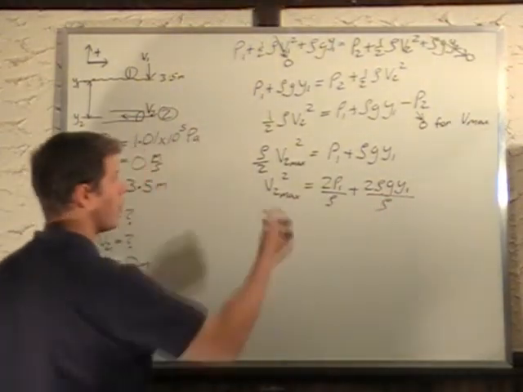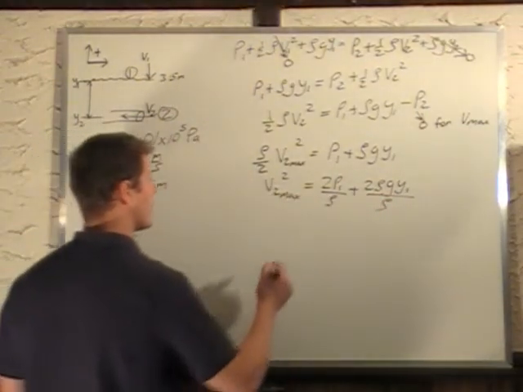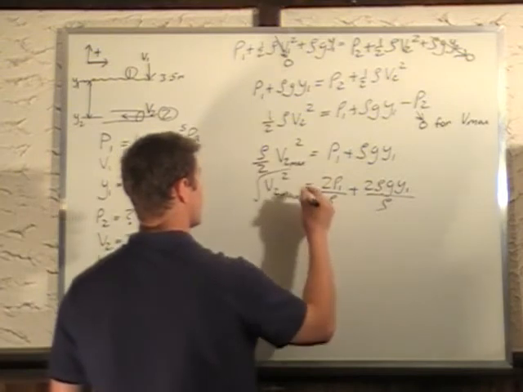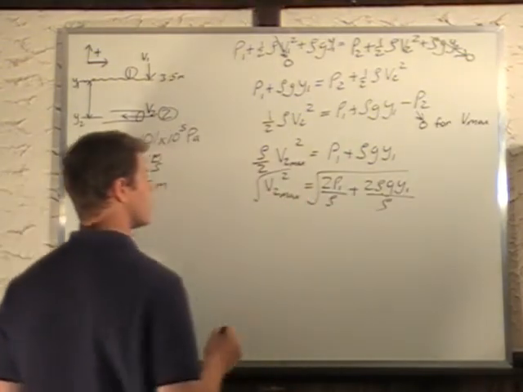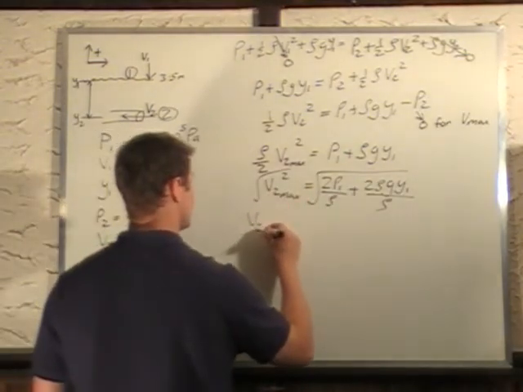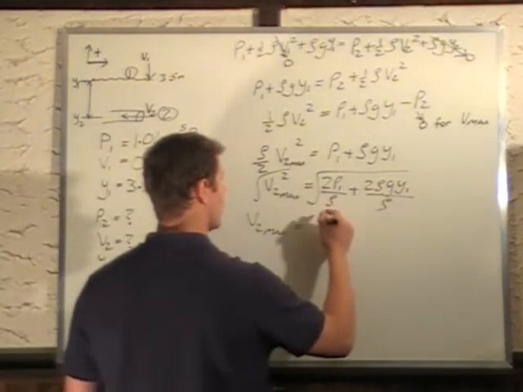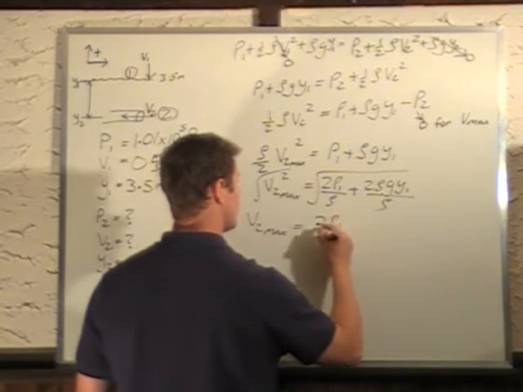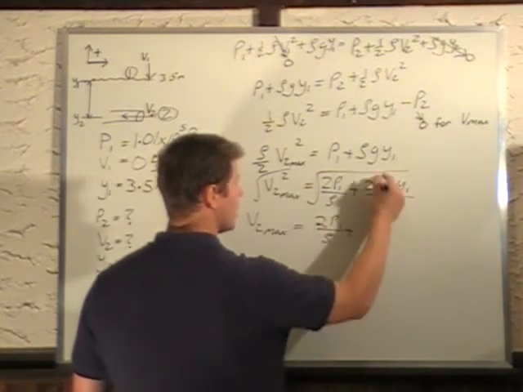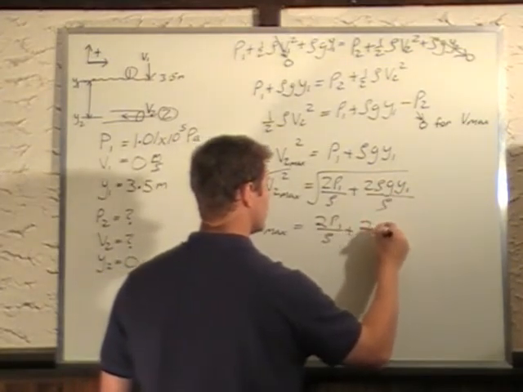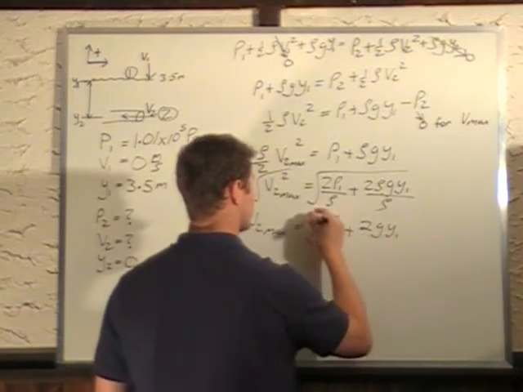So I just multiplied by 2 and divided by rho. I take the square root of both sides, get rid of this squared, so V2 maximum is equal to the square root of 2 P1 over rho plus, the rhos cancel, giving me 2G Y1.